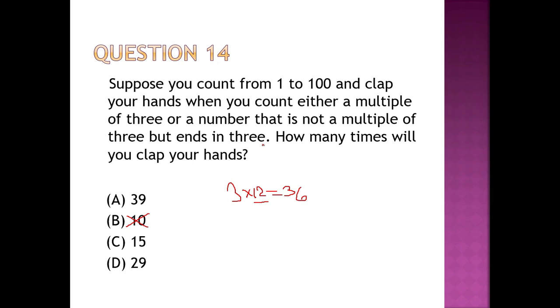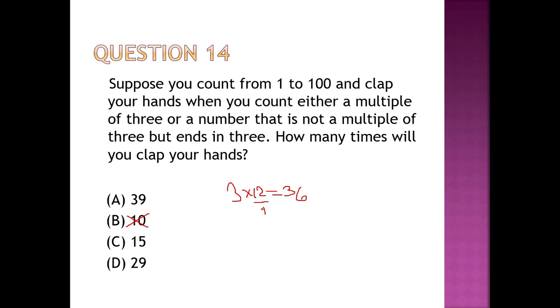We know that 3 fours are 12 and 3 fives are 15. So 13 is not a multiple of 3, because if you divide 13 by 3, you get 4 with a remainder of 1 left over. So we'd have to add 13 to the total of 12.